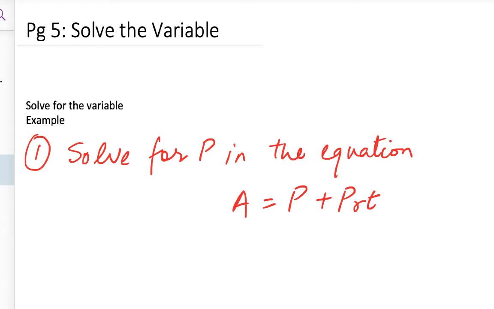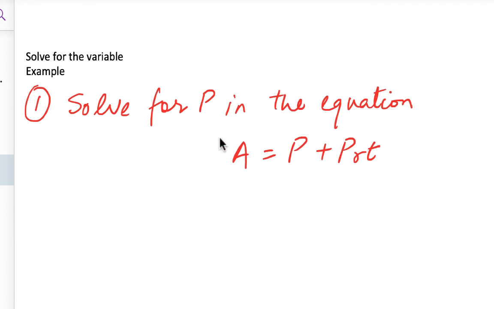So first I'm going to gather P common here, distributing, so I'm going to have P(1 + RT) on the right hand side. This equals A.